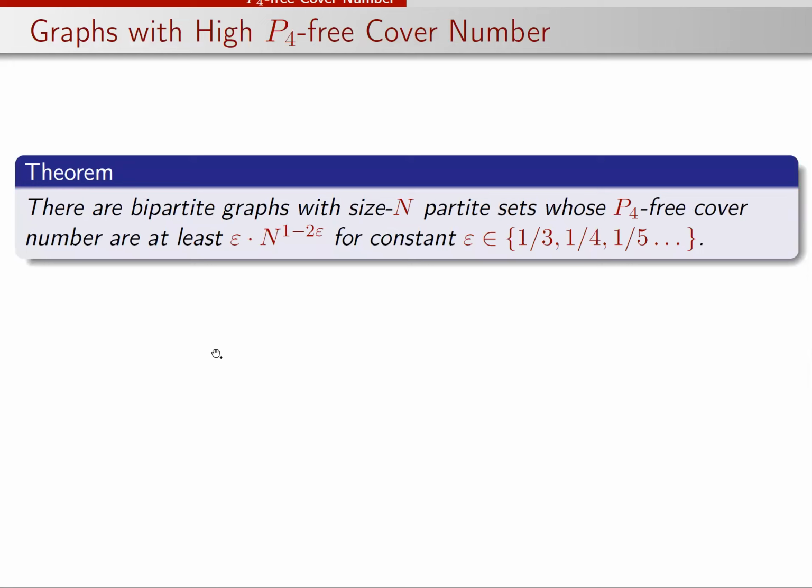And next, we also show that we can construct bipartite graphs with high P4-free cover number. This theorem looks quite similar to the theorem of the graphs with high P4-free partition number. And actually, we can use almost identical constructions.